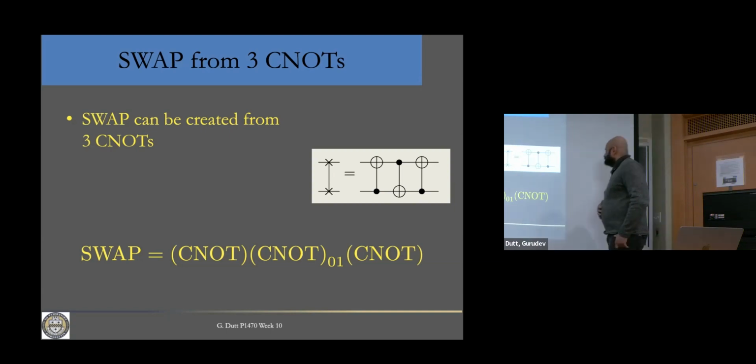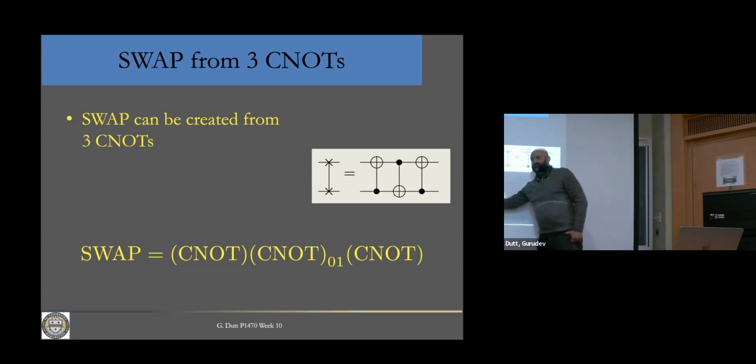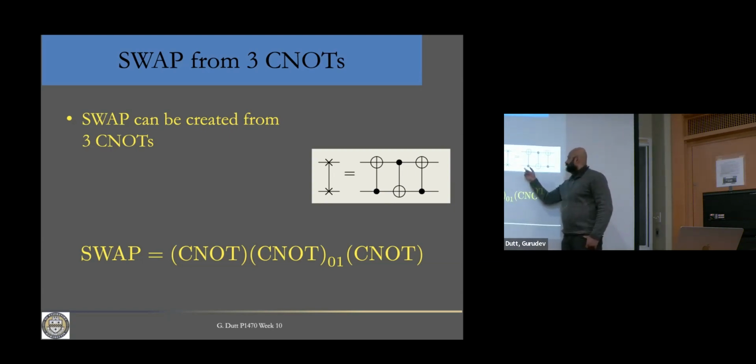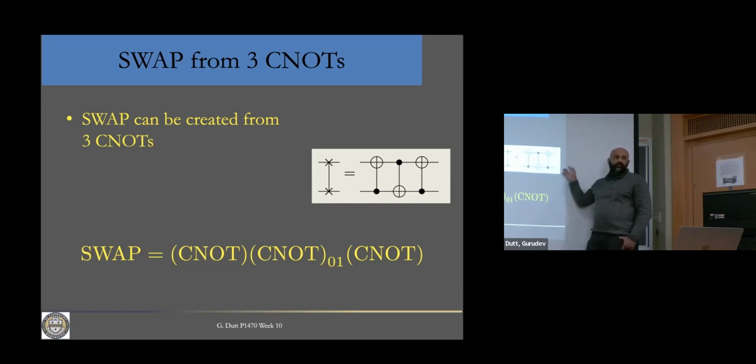Okay, as we can see, working from left to right here is equivalent to right to left here. This is why I was saying you have to be careful about how you read these things. The circuit goes from left to right, of course, with time flowing from left to right. But for the matrices, we want to act first with this matrix, which is the CNOT over here.